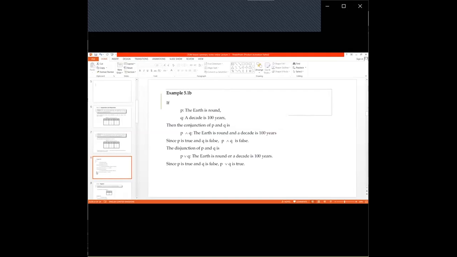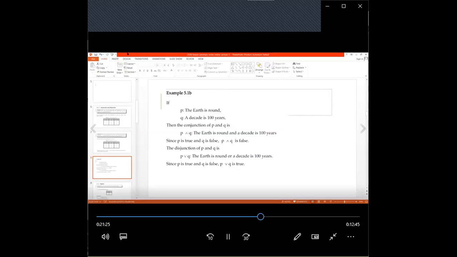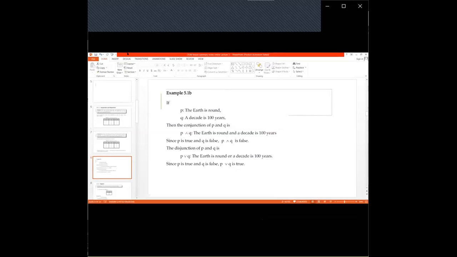Clearly we know that P is true. We can say the earth is round. And then a decade is 100 years. We know that statement is false, right? A decade is not 100 years, but the earth is round, at least we can consider that for the purposes of this class.